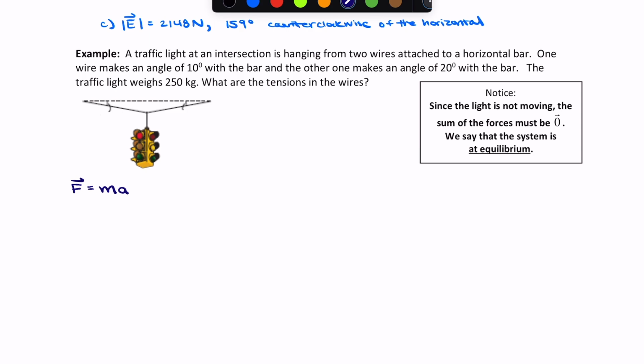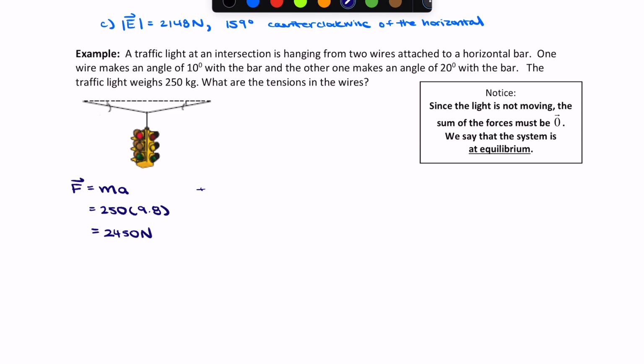Here we know that the traffic light weighs 250 kilograms, and here we have our gravity at 9.8 meters per second squared. So here our force, that's our equilibrium force, is 2,450 newtons.